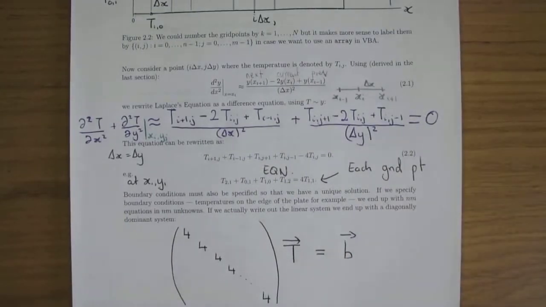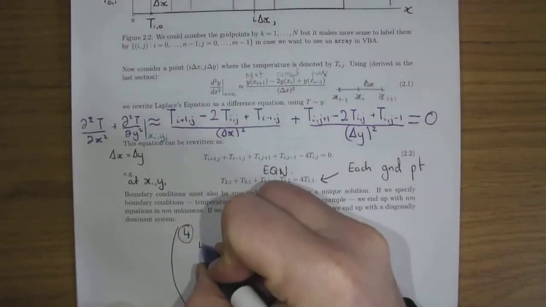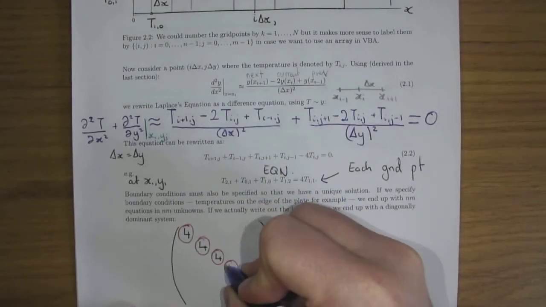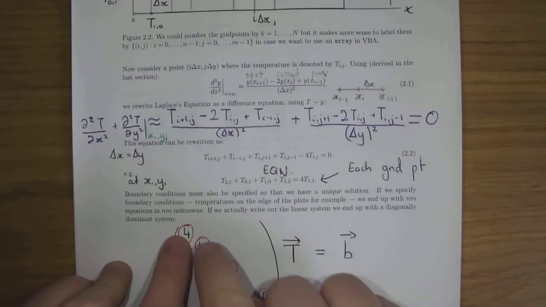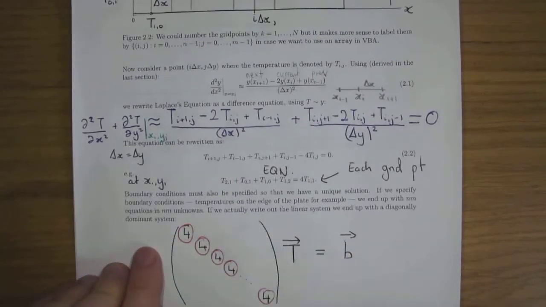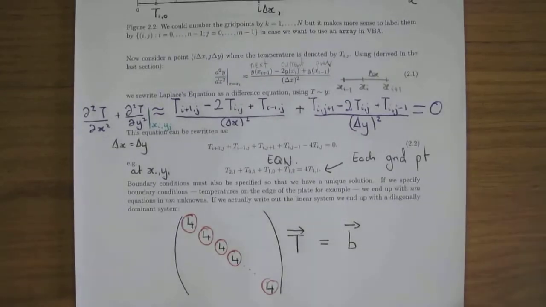Okay, but now the issue here is I've actually cut some of the material in the manual, and this would have been touched previously. But anyway, so basically what happens here is you end up with diagonally dominant. And what diagonally dominant is, it says that when the absolute value of the number on the diagonal is greater than the sum of the absolute values of all the other things, you've got a diagonally dominant system, and that means it's really, really well behaved.